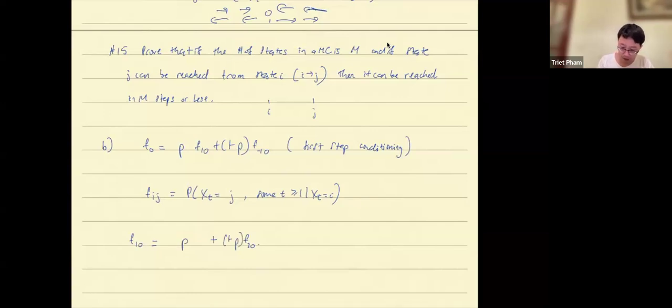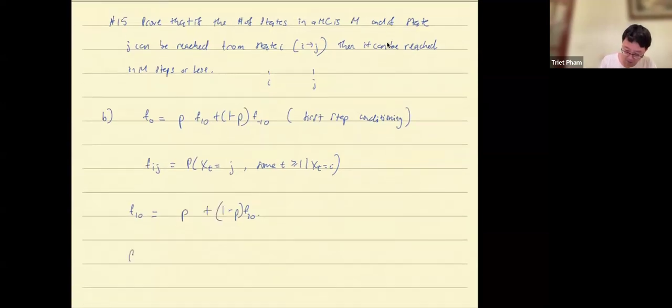Like that. And then of course f(-1, 0) is the opposite story.